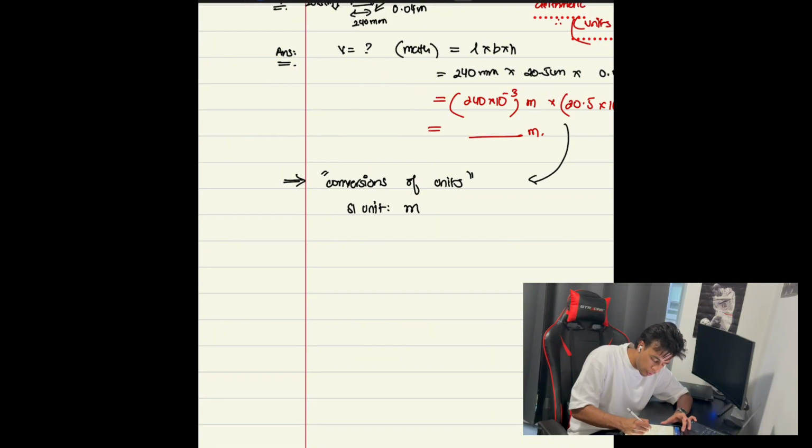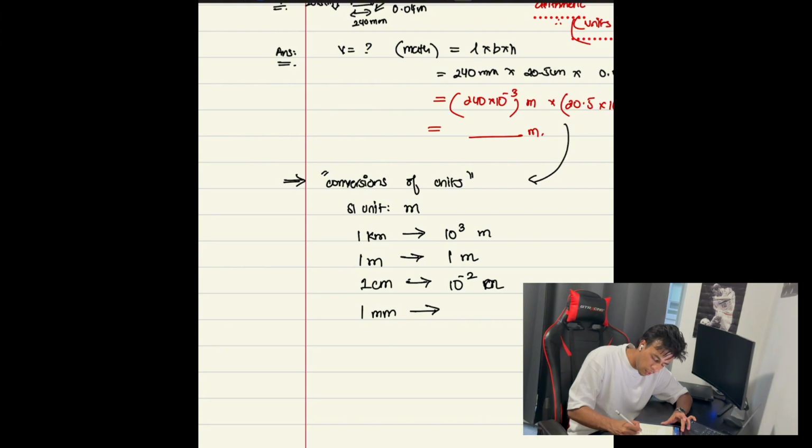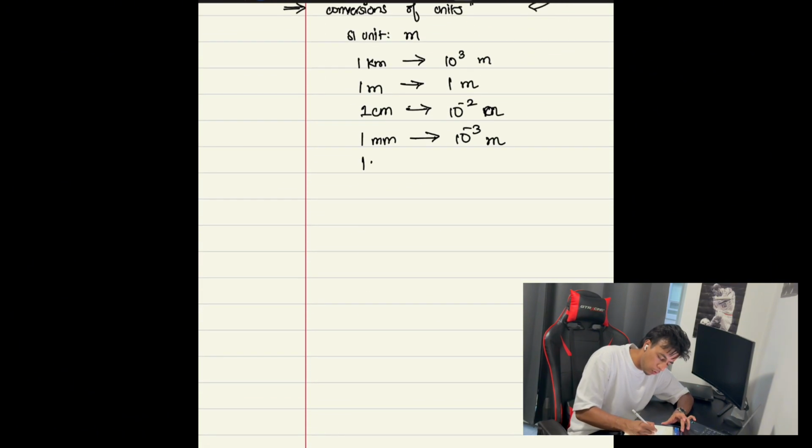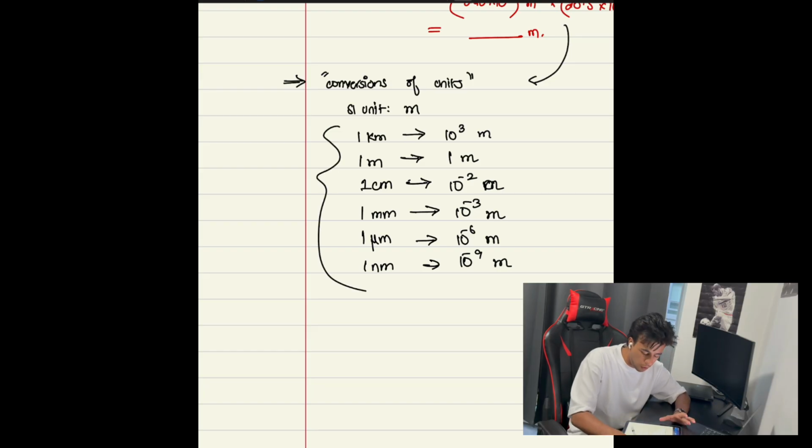So 1 kilometer is equal to 10 to the power 3 meters. 1 meter is obviously 1 meter. 1 centimeter is 10 to the power minus 2 meters. 1 millimeter is 10 to the power minus 3 meters. 1 micrometer is 10 to the power minus 6 meters. And 1 nanometer is 10 to the power minus 9 meters. I believe there's a deci as well somewhere in there. But if you grasp this, the conversion is going to become easy for you.